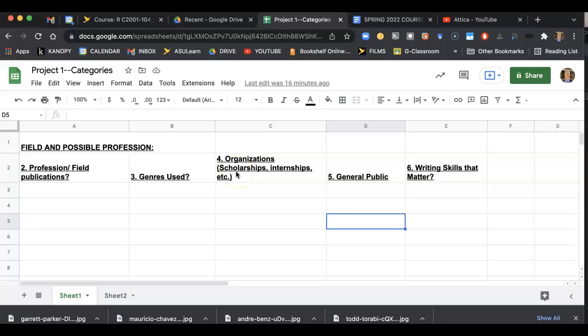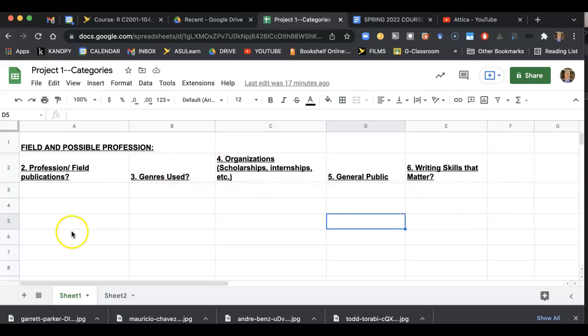What are the top 2 or 3 or 4 organizations? If you don't know of any, then this is a good opportunity to find out. Number 5, how does the general public learn about information in your field, and writing skills that matter.